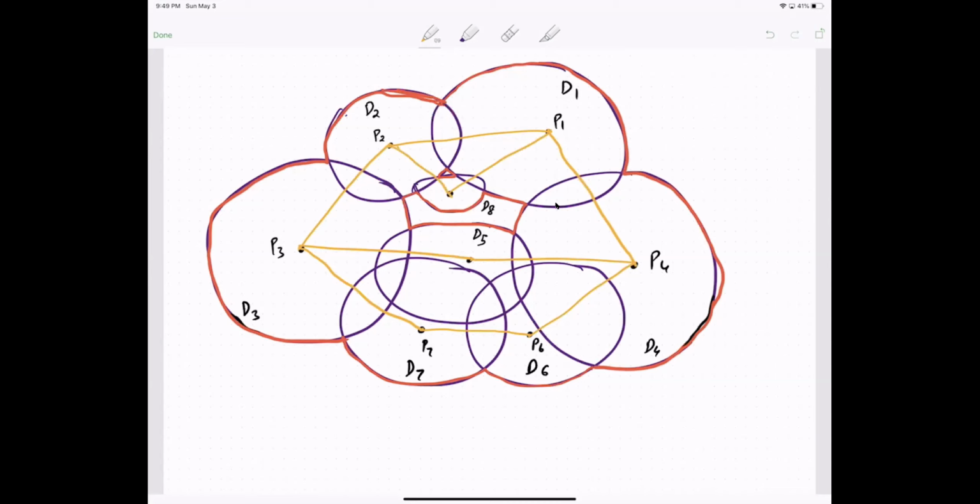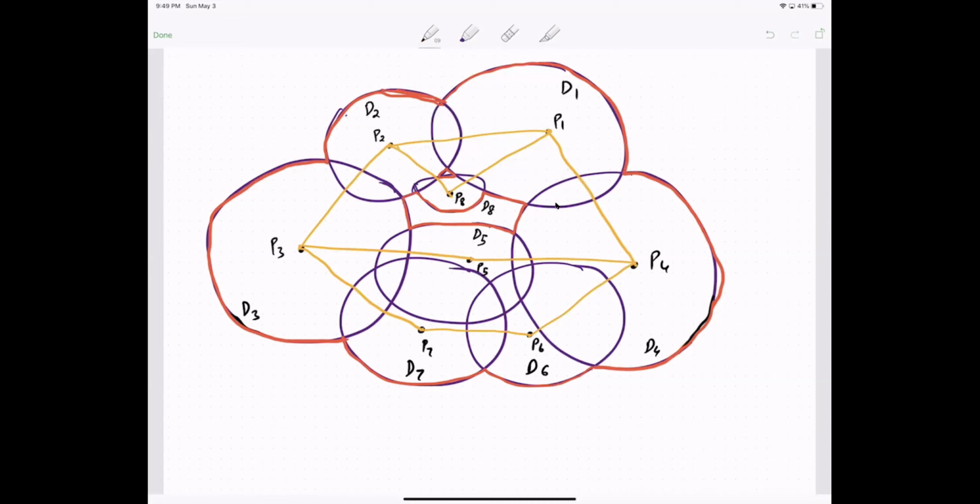Okay, good. Now finally I can say I'm done with the drawing part of it.